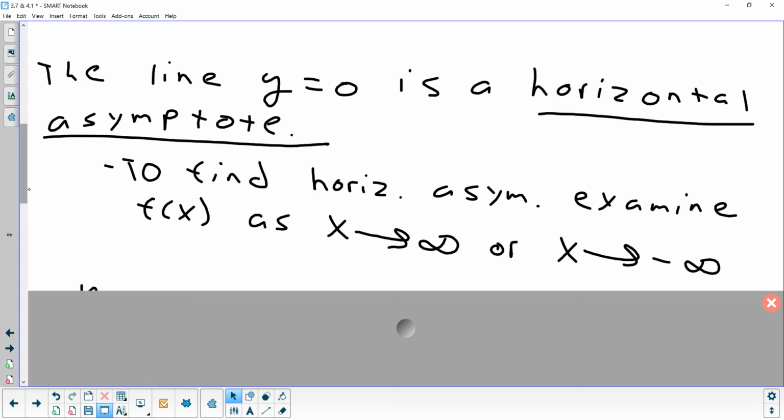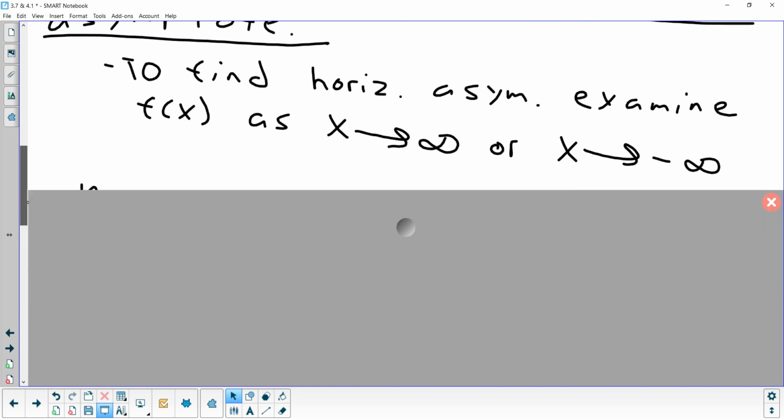Remember, anytime you have an x in the bottom of a fraction, if the bottom of a fraction is getting really big, the entire fraction is getting really small. Okay? So again, to find the horizontal asymptote, plug in a really big number for x.